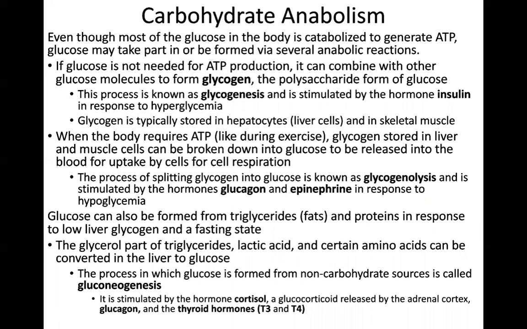We kind of just focused on catabolism of carbohydrates, breaking things down from bigger to smaller and releasing useful energy from it. As you can see on this page, we've got the slide title, Carbohydrate Anabolism. So that would be the opposite of catabolism, building up from smaller to bigger.